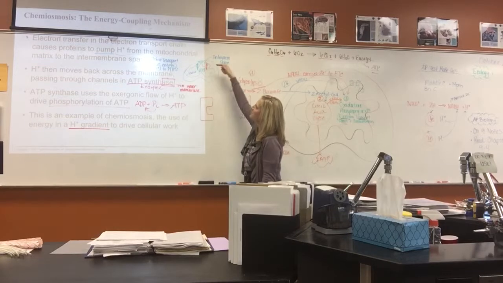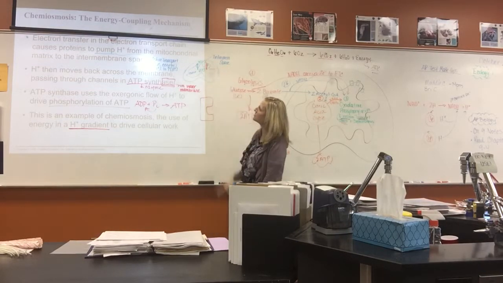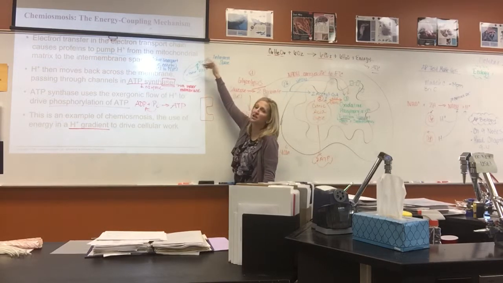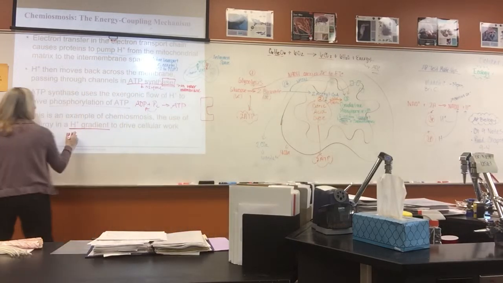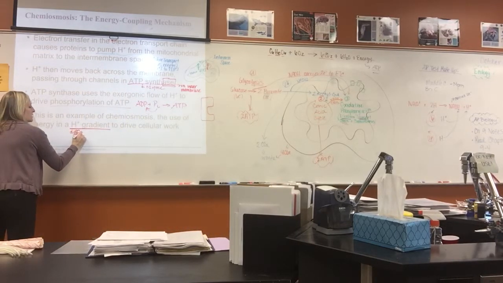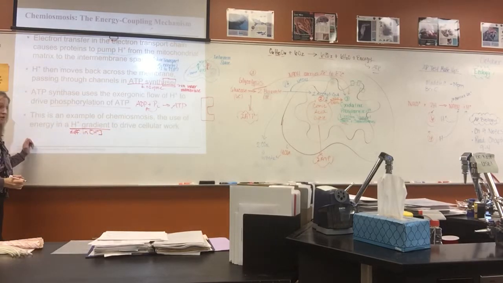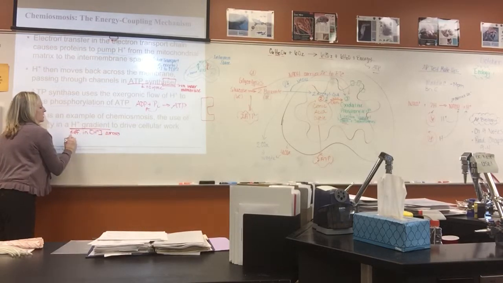Across what space? You have a high concentration in the intermembrane space, a low concentration in the matrix. So we have a concentration difference across the intermembrane. There's high and low. So I'm going to write that here: a difference in H plus ion concentration across the intermembrane.